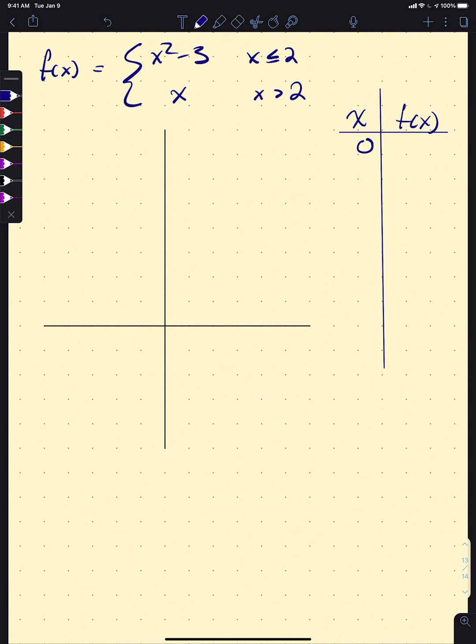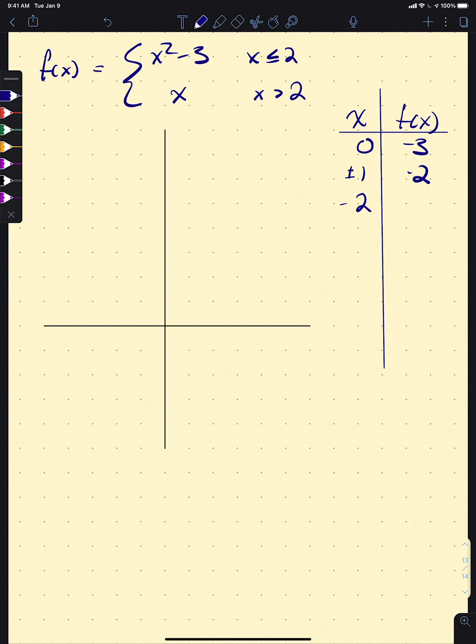Okay, so that means we need to do 0 squared minus 3, which is negative 3. Let's say at 1, we're still in this part. And so at negative 1, we're still in this part as well. And so we can use our little trick that 1 and negative 1 squared is the same. So on our inputs of plus and minus 1, we're at negative 2.